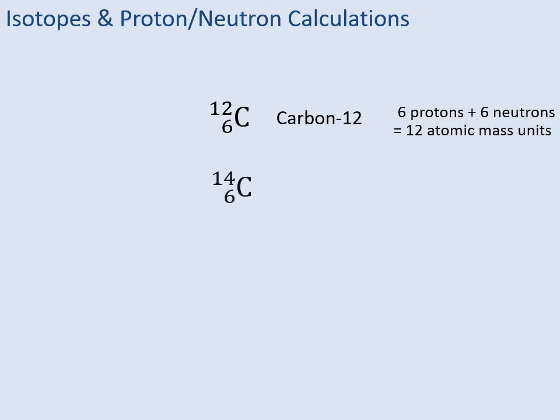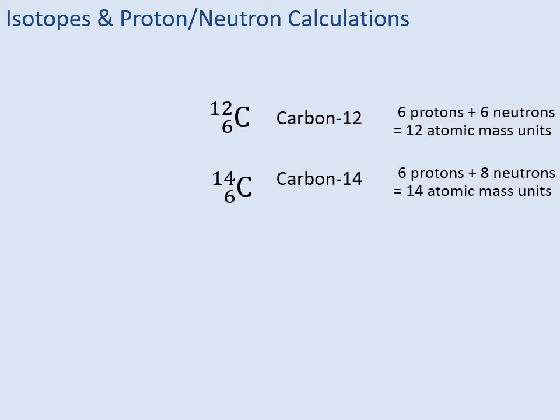Likewise, if I have 14,6C, which is carbon-14, we are told that this weighs 14 atomic mass units. Again, carbon is number 6, so of those 14 atomic mass units, 6 are protons, which means this atom of carbon has 8 neutrons.